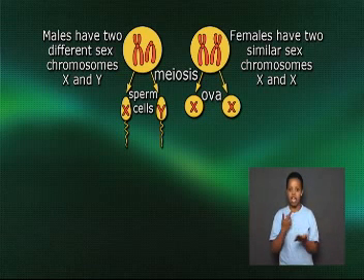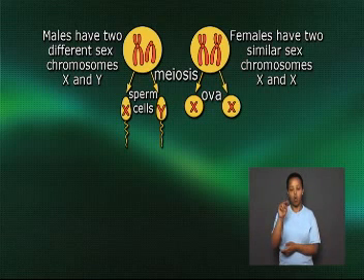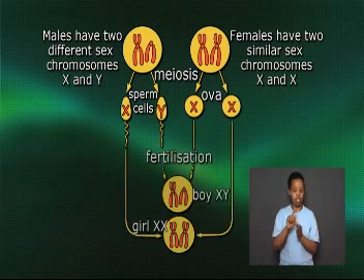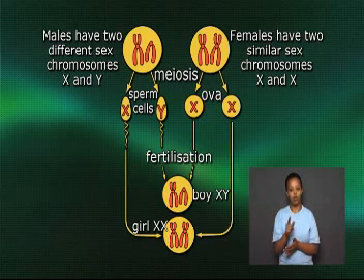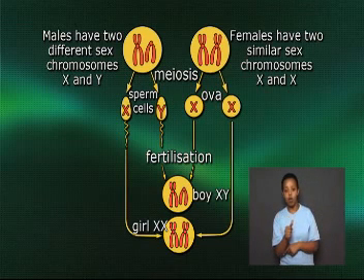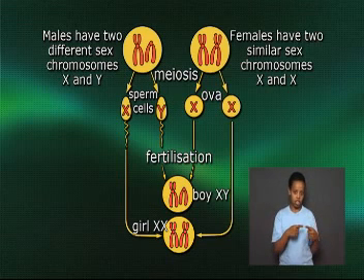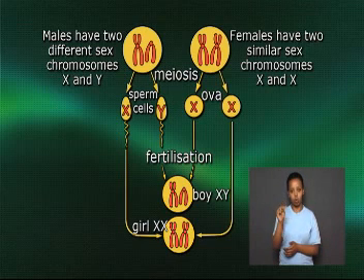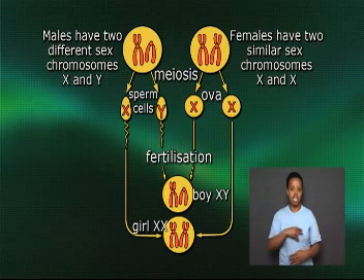When the SRY gene is activated, the bipotential gonad develops into testes, so the embryo becomes male. If there is no SRY gene in the chromosome, or if the gene is not active, then the other genes on the X chromosome and autosomes cause the bipotential gonad to become an ovary. In this way, the embryo becomes female.